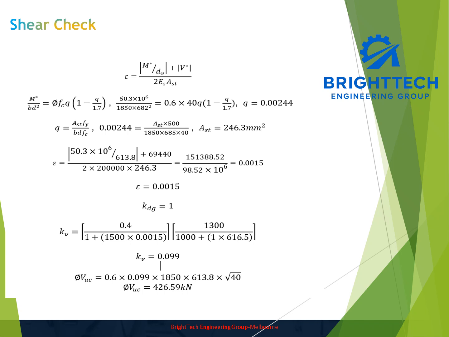And kdg equals 1, and kv can be obtained by substituting this amount into this equation. So the phi VUC is 426.59 kilonewton. How can we find it? By this equation.